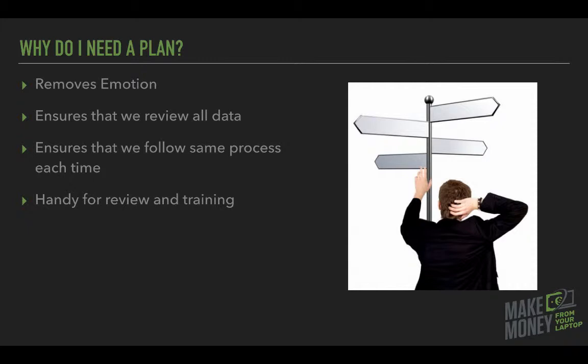Having a plan gives us a method by which we can review all the data that's important to us before we make a decision, as opposed to just seeing one piece of information and then jumping in to a trade that may not be in our best interest when we take a step back and look at all the information that we need to be aware of before we make that decision.